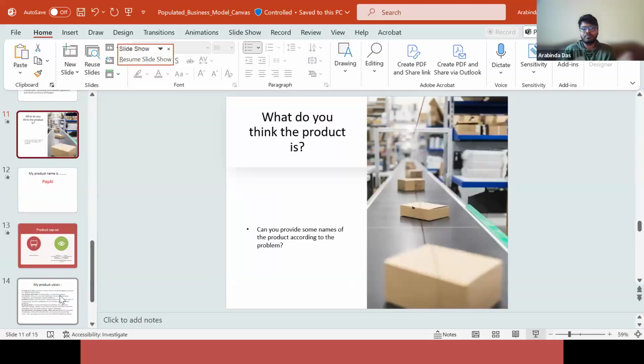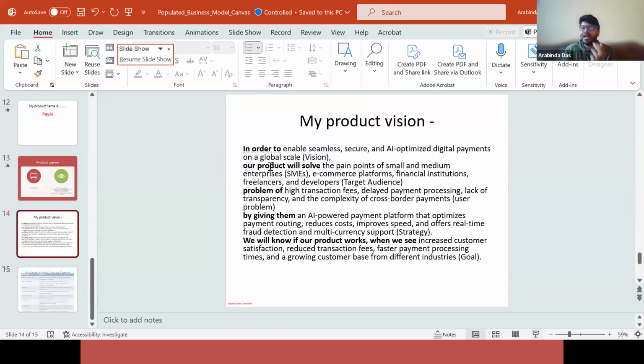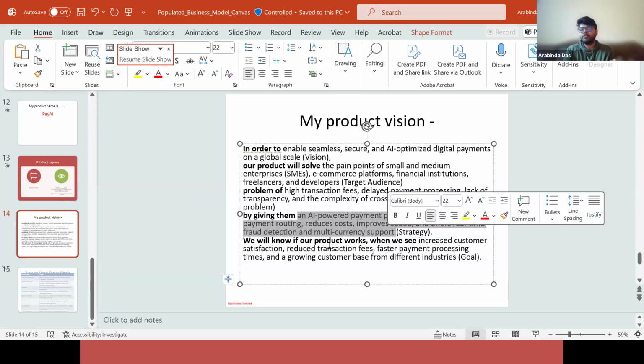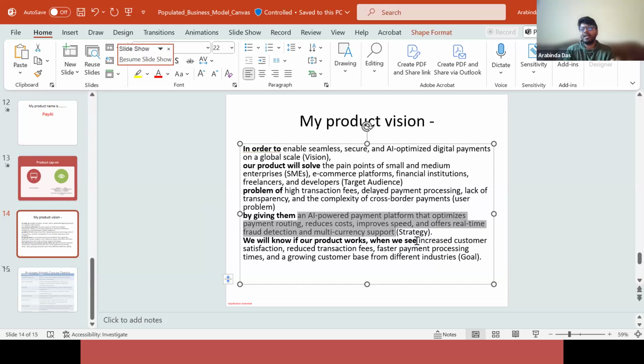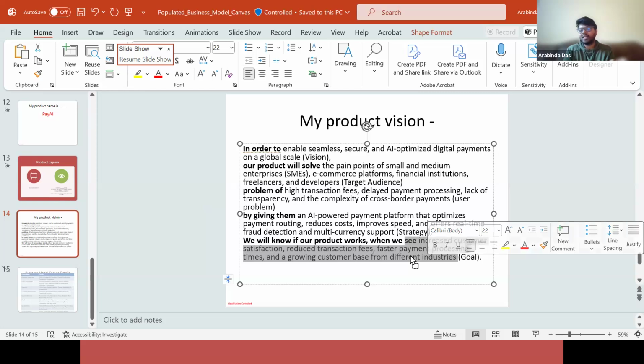Just to give you an idea, for example, I have written this kind of product vision that I have in my mind. In order to enable seamless, secure, and AI optimized digital payments, our product will solve the pain points of small and medium enterprises, e-commerce platforms, the problem of high transaction fees that I have mentioned there, by giving them this strategy, the solution that we are trying to give, and what will be the goal, and how we are trying to put that goal over here.